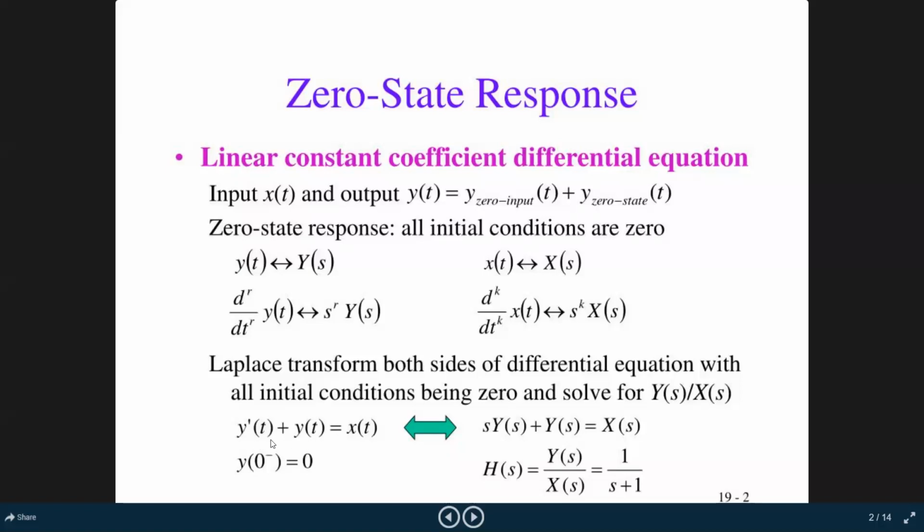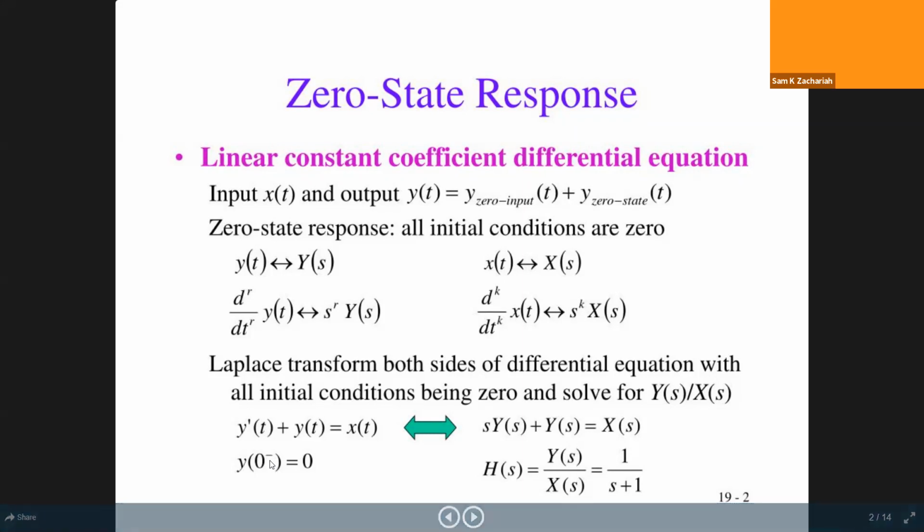If you take the Laplace transform from both sides, you will get sY(s) plus Y(s) is equal to X(s). Here we assume that the initial condition y(0 minus), that is just before 0 time, an infinitesimally small negative time, is equal to 0.